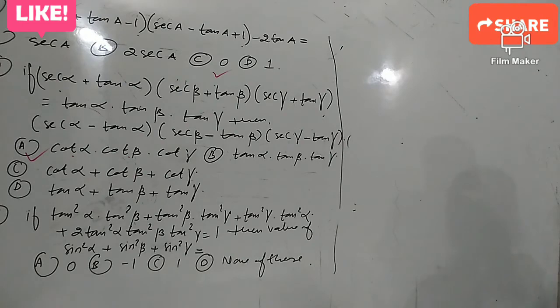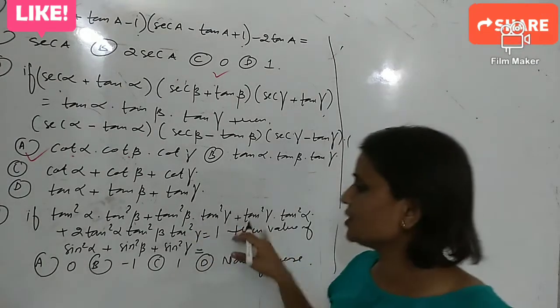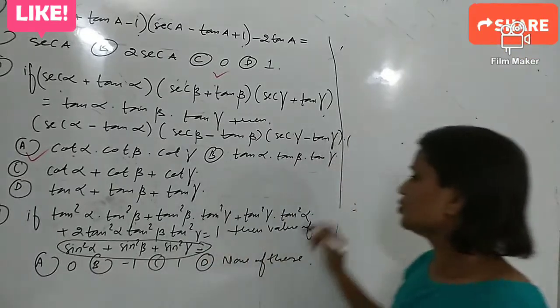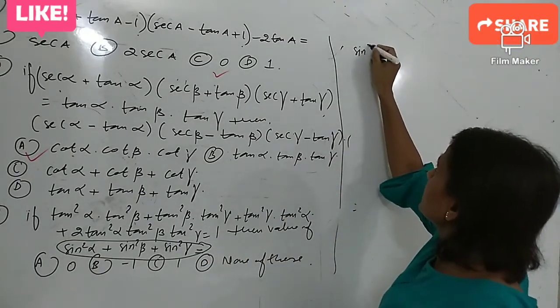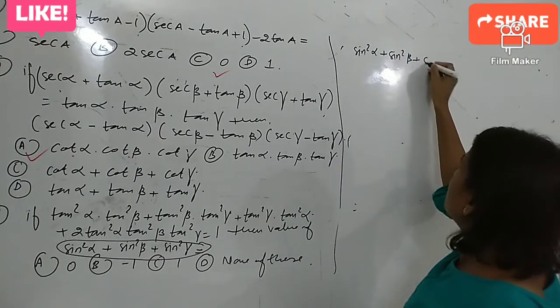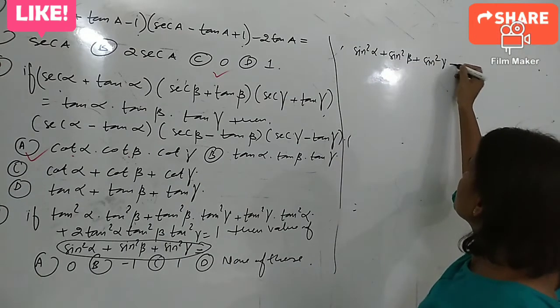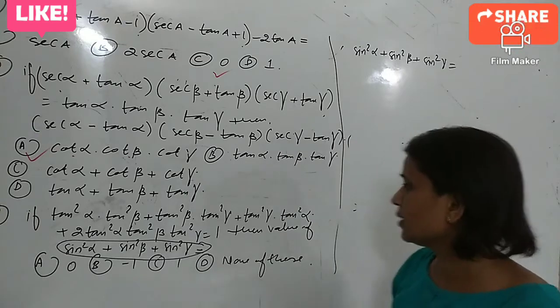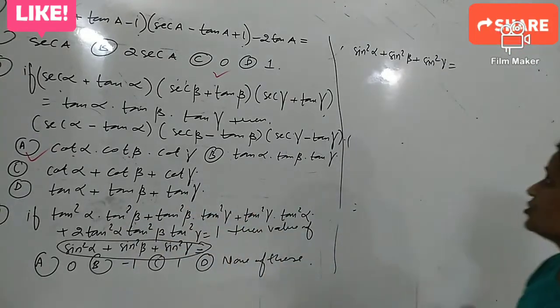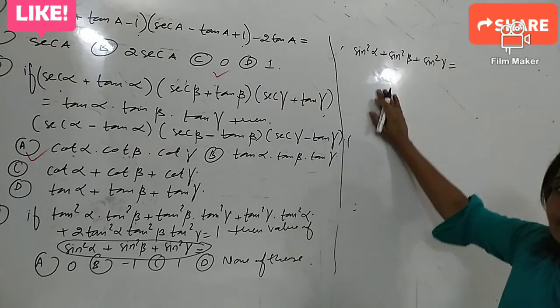And the next question: this expression is given and we have to find this value. So I'm writing here: sine square alpha plus sine square beta plus sine square gamma is equal to, what is the value of this expression? Given expression is in the form of tan, so I'm writing the sine value in terms of tan.